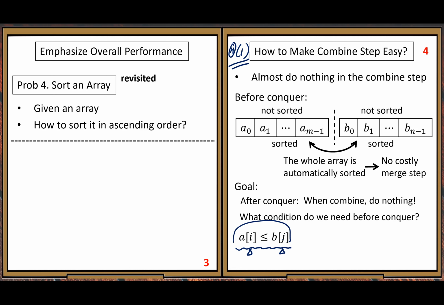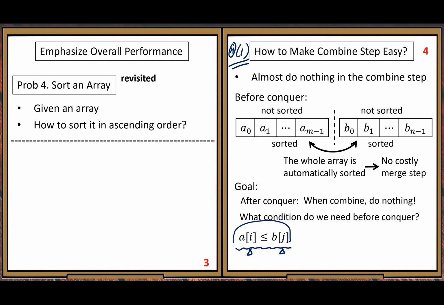Or you can think of it another way: the maximum of the left subarray cannot be greater than the minimum of the right subarray.